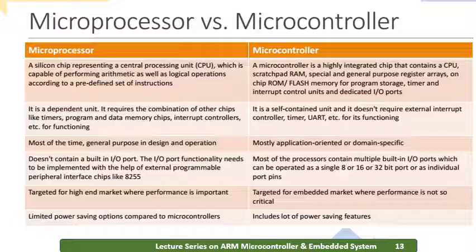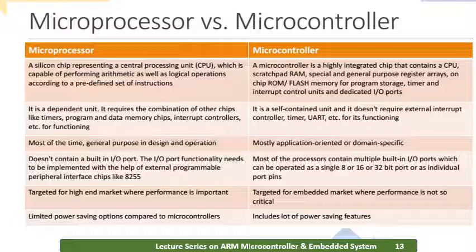Okay, so most of the time the microprocessor is designed for general purpose use, whereas the microcontroller is application oriented. The microprocessor does not contain any I/O port, so the I/O port functionality needs to be implemented with the help of external peripheral interfaces like the 8255. It is targeted at the high-end market, where performance is most important.